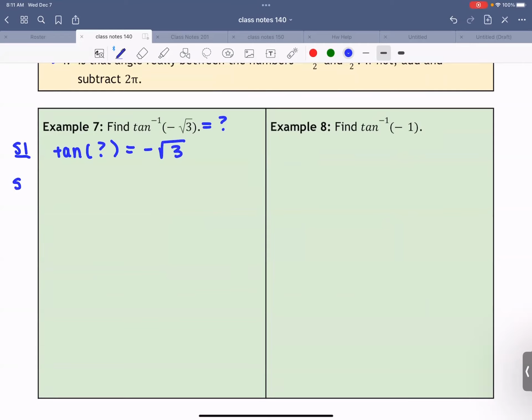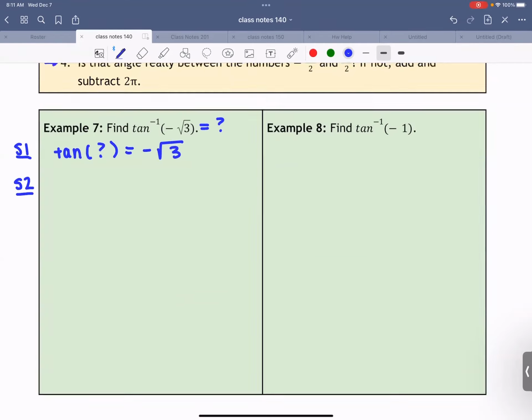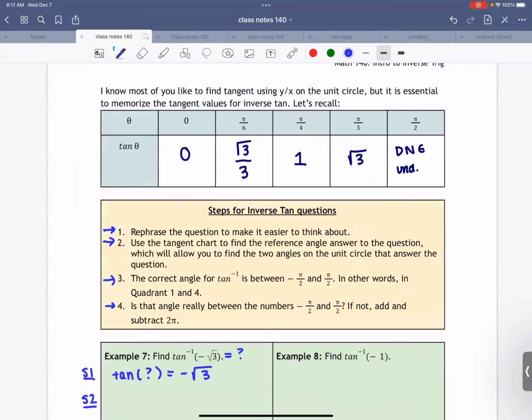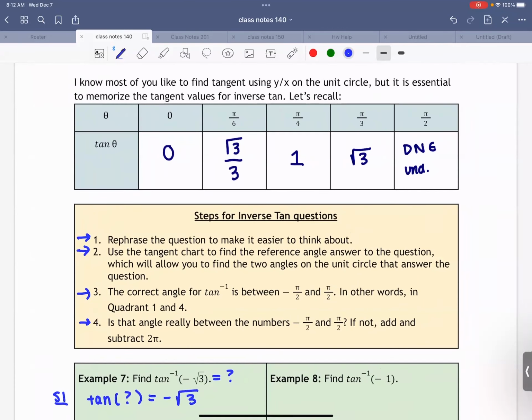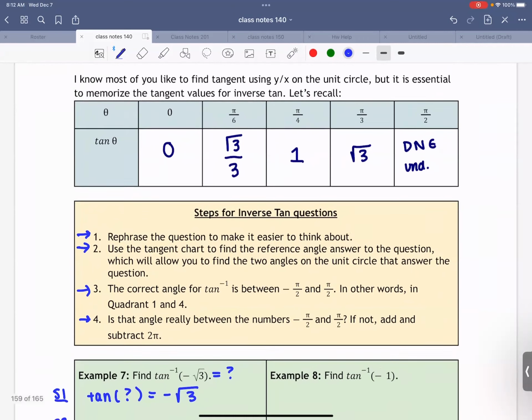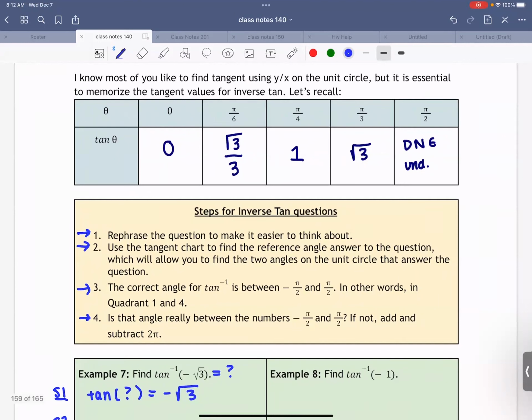Okay. Step 2, what we're going to do is take a look at our chart. Instead of going from the top row to the bottom row, we're actually going backwards. So we're looking at the bottom row and trying to figure out what the top row is. Now, it might be a little bit weird to look at because we have a negative value, but what do you think the denominator of the angle theta is going to be if the tangent is the square root of 3?